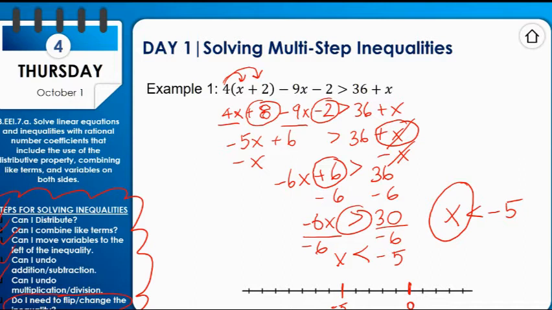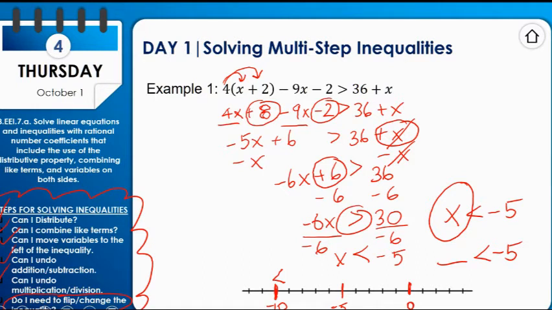Is -5 less than -5? The answer is no. Is -10 less than -5? Yes. So I know I'm coming in this direction.